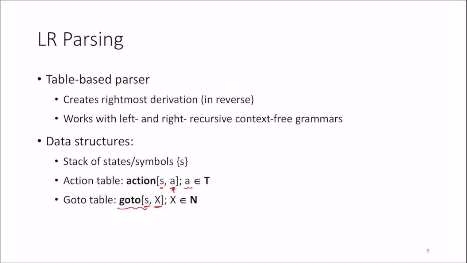Every time you do a shift, you just push onto the stack. If I have X equals AB, let's say, and I'm doing a reduce with this rule R, then I'm going to pop two symbols out of the stack, and I'm going to push one symbol onto the stack, which corresponds to the left-hand side. The state that I need to push is going to be read from this lookup table, the Goto table. It'll all become much clearer when you look at an example.